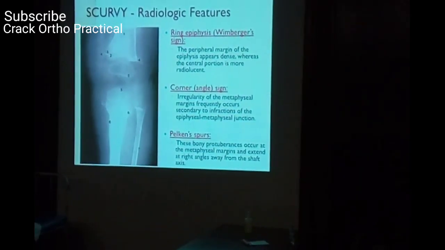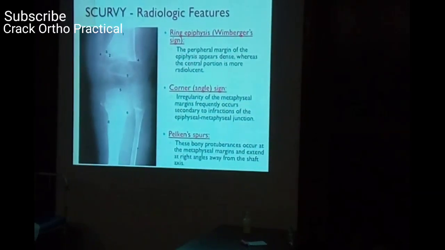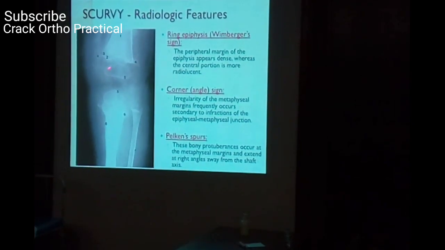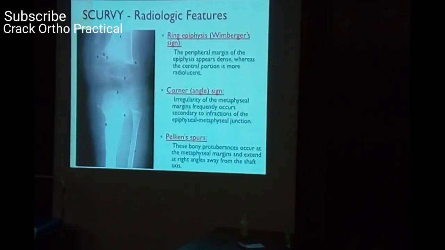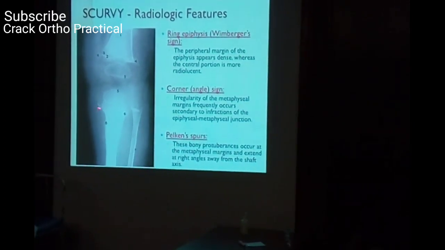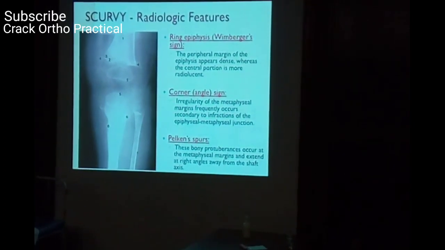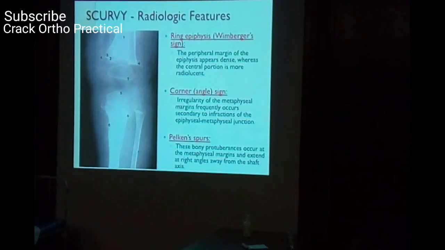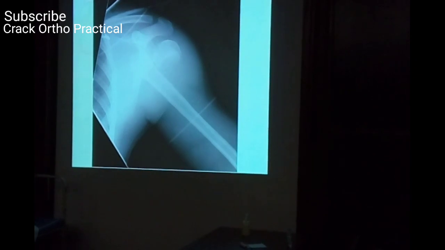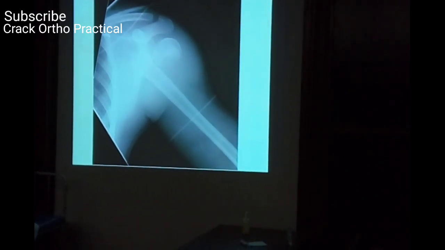Then the ring sign or Wimberger sign, as somebody said, there is a radiolucent epiphysis and a dark or radio-opaque margin showing the Wimberger sign. What is the corner sign or pelican spur? Basically they are the bone spurs which are at the growing physis, which are at right angles to the shaft. Next.